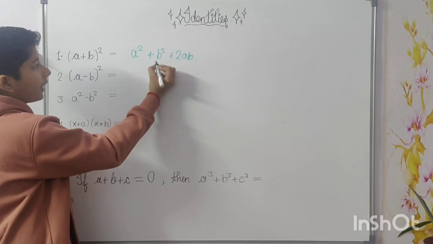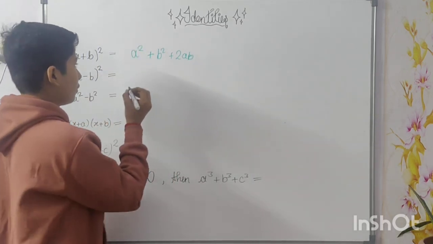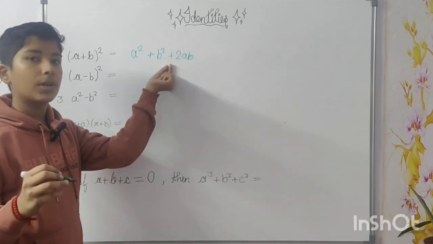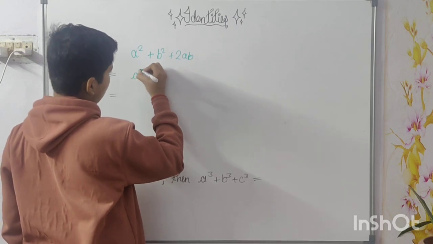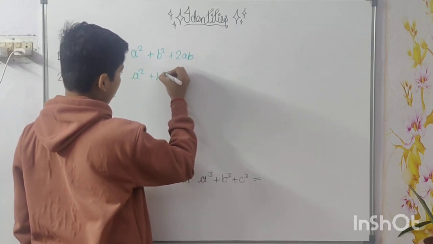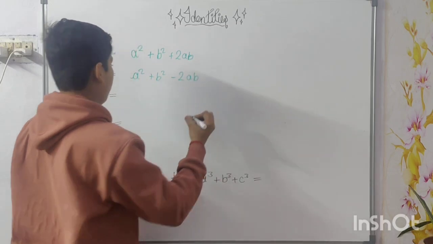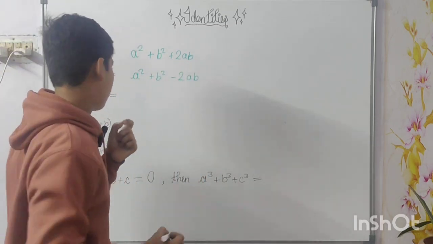A will have a different value and b will also have a different value. Now a minus b whole square is the same thing, just the symbol is converted to minus: a square plus b square minus 2ab. This was plus and this is now minus.